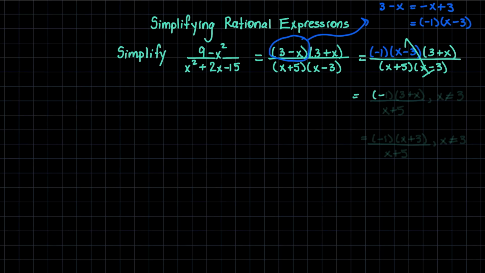And we're left with negative 1 times (3 plus x) all over x plus 5, acknowledging that x cannot equal positive 3 because 3 would have made the denominator 0 before the common factors simplified to 1. And just to stress, if this was a multiple choice question, 3 plus x and x plus 3 are the same. So you could rewrite that factor just like that.